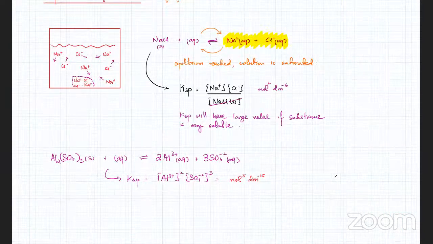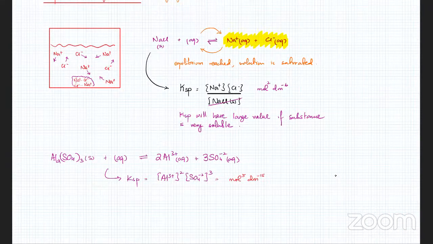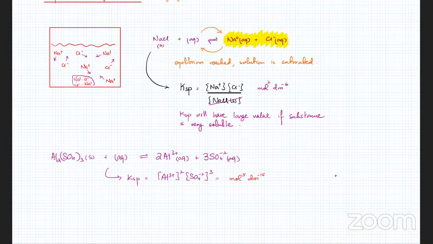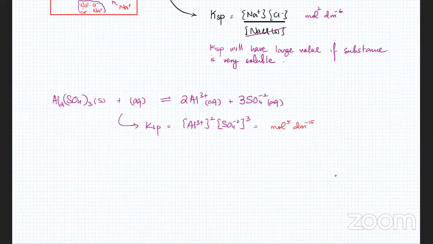Now, you're going to get 2 types of questions on that. One is that you'll be asked to figure out the unit or the expression. The second one is you'll be asked to calculate the value of KSP. Now, most of the time they'll give you solubility.